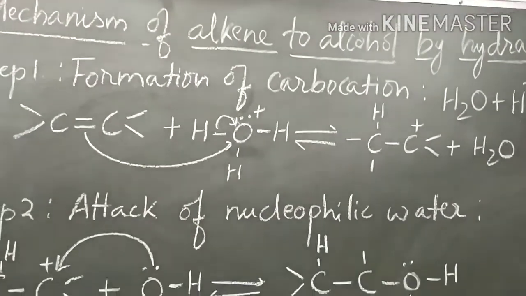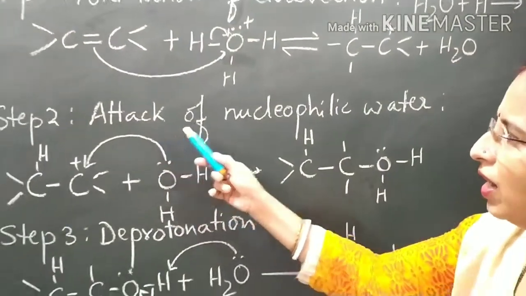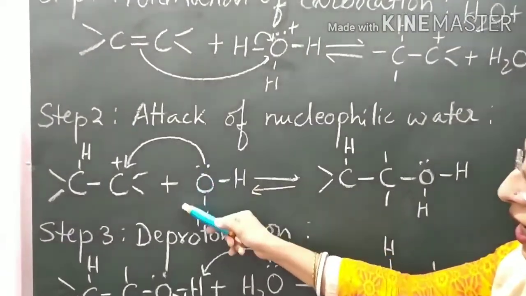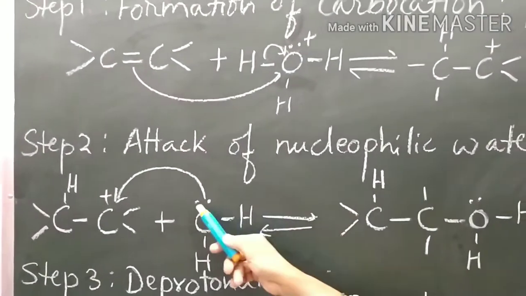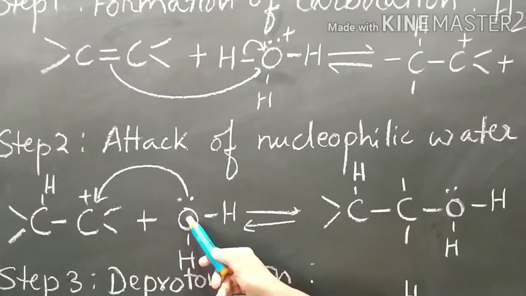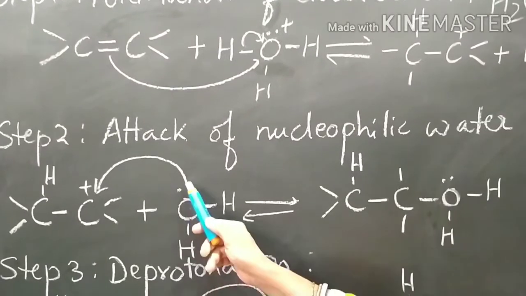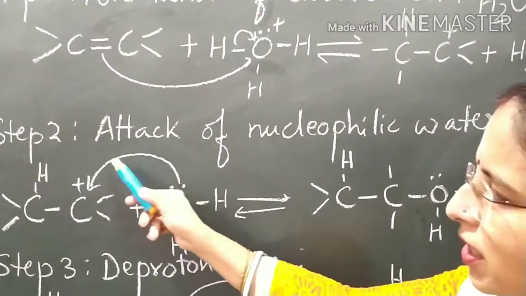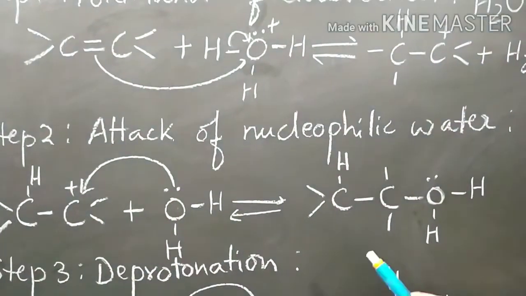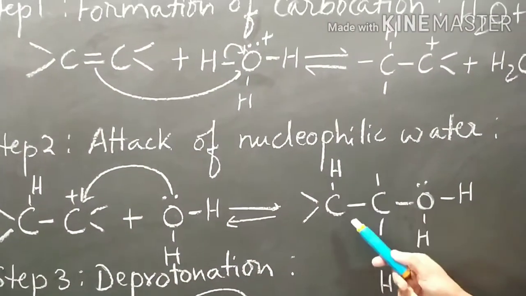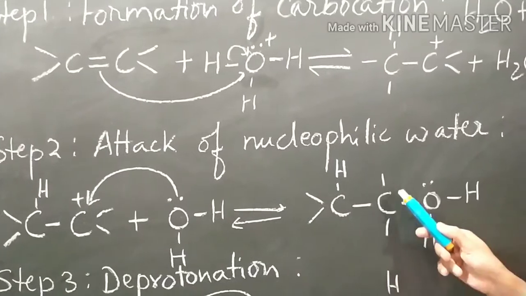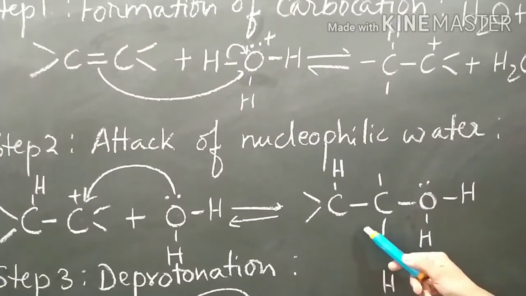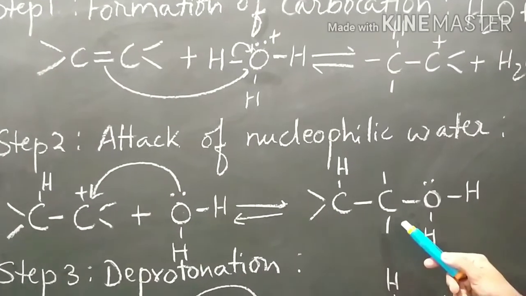Then in the second step, there is attack of nucleophilic water. Here water is acting as a nucleophile. The electronegative oxygen part attacks the carbocation, and there is a formation of a temporary substance.